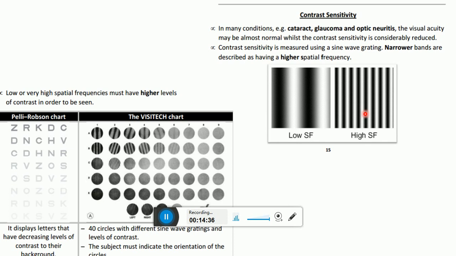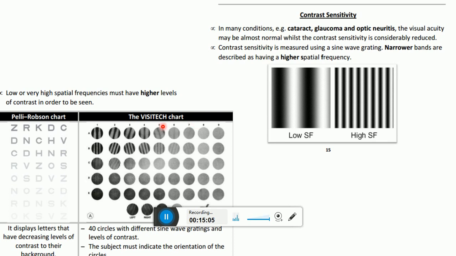A contrast sensitivity curve is constructed by plotting a range of different spatial frequencies against the lowest degree of contrast at which the eye can still detect the grating. Very low or very high spatial frequencies must have higher levels of contrast in order to be seen. In clinical practice, contrast sensitivity is measured using either a television monitor or a chart.